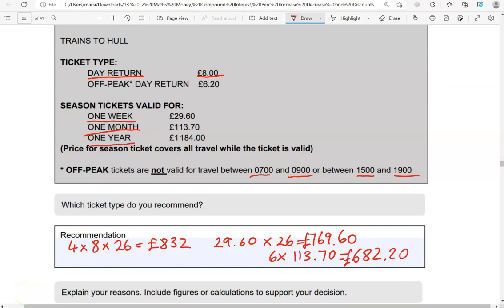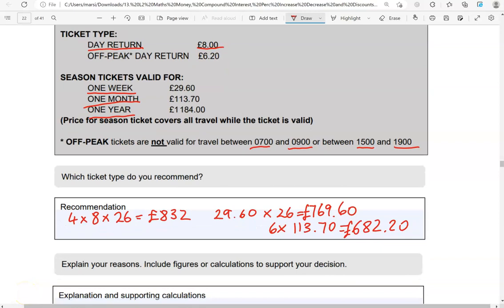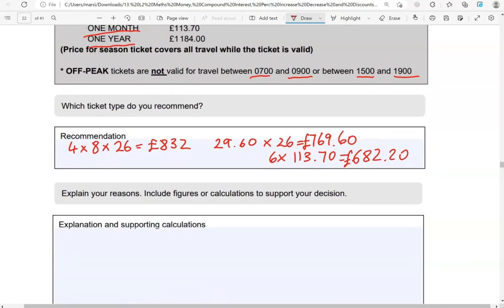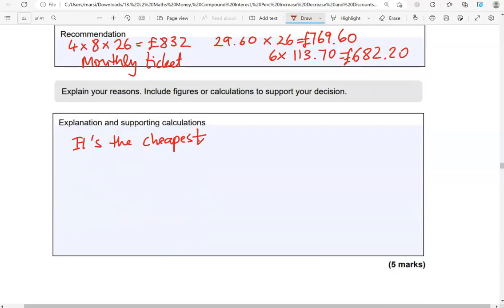The yearly one is much more expensive than the rest, so what we're going to suggest is the monthly one, because that's the cheapest. So we're going to say recommendation: monthly ticket. Explanation: we're going to say it's the cheapest. And we've shown the calculations in the box above.